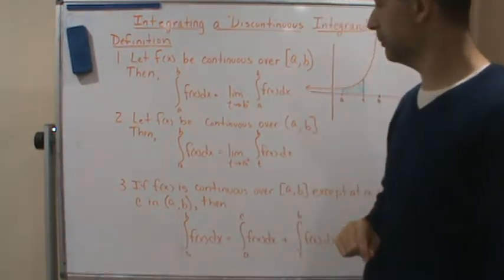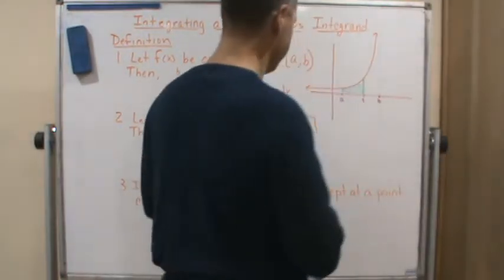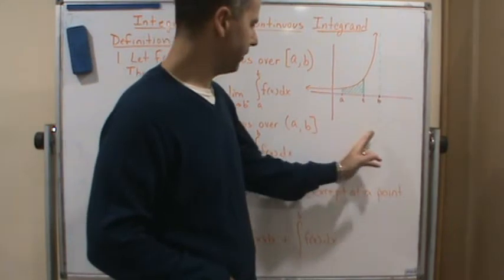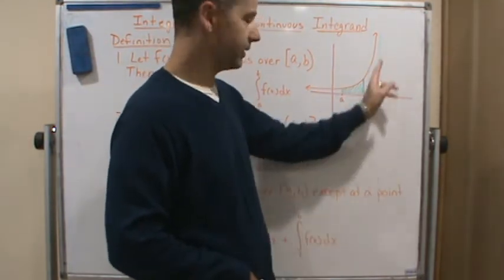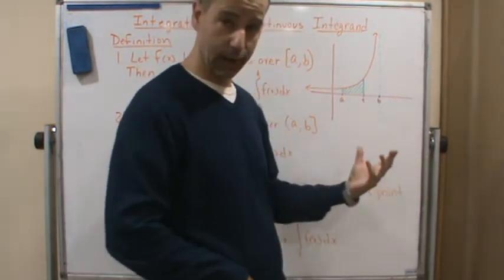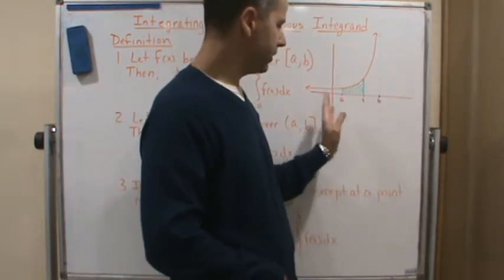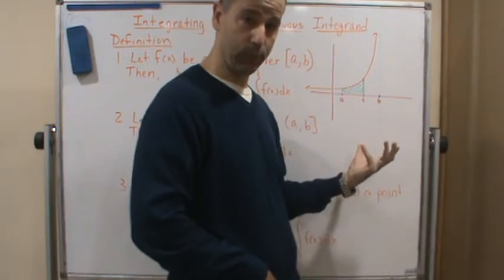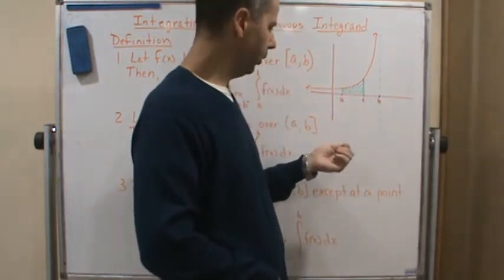So in this case, we have something like this, where we have a discontinuity, let's say an asymptote usually, or a hole in the graph, and it's continuous everywhere except at this one point on the interval.